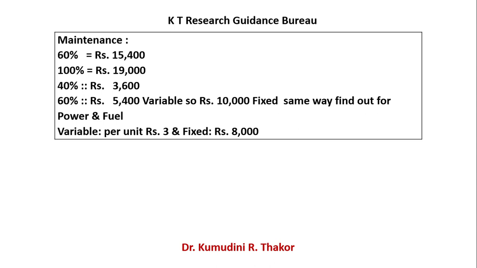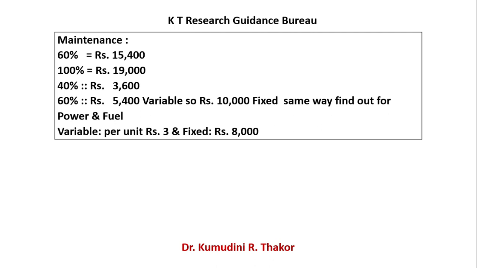What about maintenance? At 60% capacity, maintenance is 15,400 and at 100% it is 19,000. So find the difference between the percentages. It is 40%. And find the difference in rupees. It is 3,600.